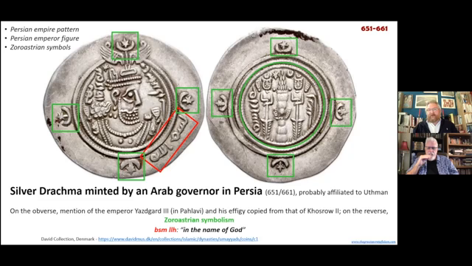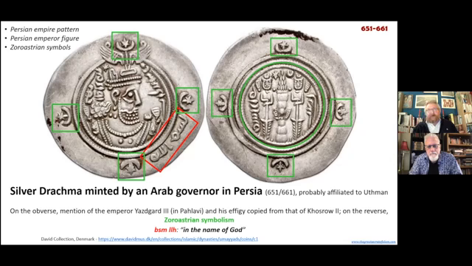So we have a monotheist ruler putting some Arabic writings on a Persian coin, which contradicts what the Persian coin is telling us. This is very strange. And it is one of the first coins to bear this Arabic phrase, in the name of God, in the name of Allah.